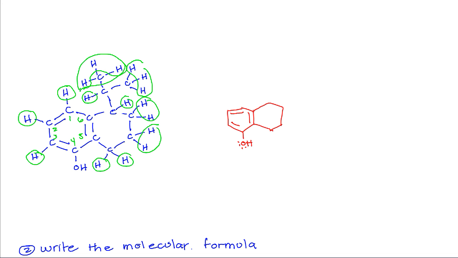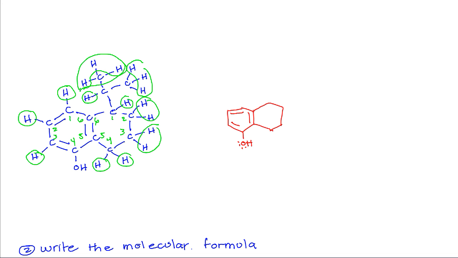Why don't we number that one as well? So 1, 2, 3, 4, 5, and 6. And let's see. So we don't have anything attached to 6 and 5, just other carbons. We're fine there. If we look at carbon 4, we have hydrogens attached, so we don't have to worry about that.